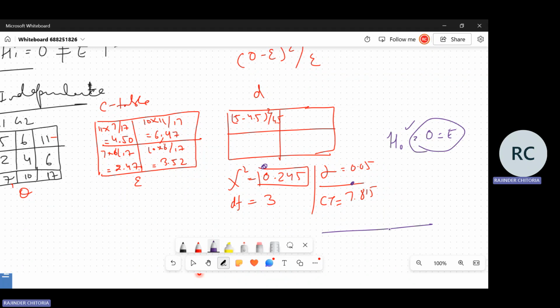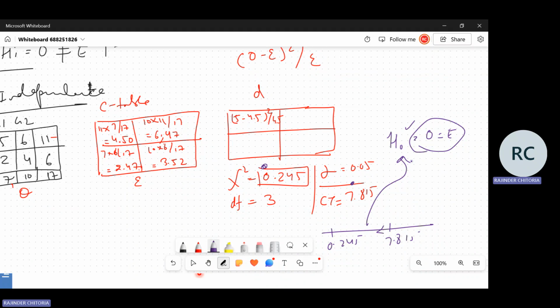My critical table value is 7.81, and the chi-square value is less than this, so the null hypothesis stands true. That's the calculation part you can take into consideration. That's the outcome we get from the chi-square test of independence.